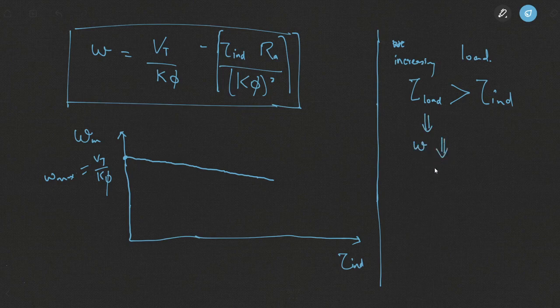So as speed decreases, EA, which is equal to K phi omega, also decreases. As EA decreases, now we have IA.